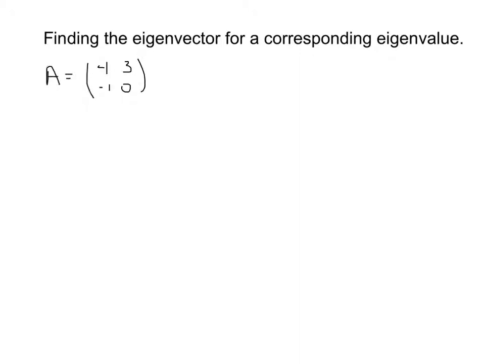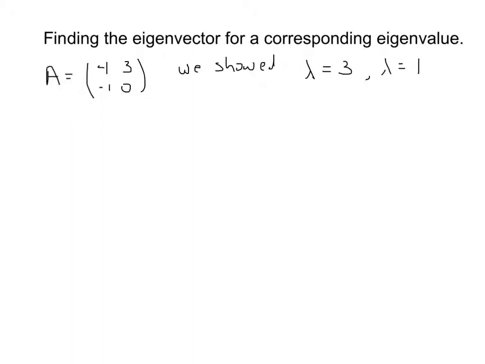In the last part, we showed that lambda is equal to 3 and lambda is equal to 1 are eigenvalues for this matrix. Now the question is, how do we find the eigenvector that goes with these eigenvalues?